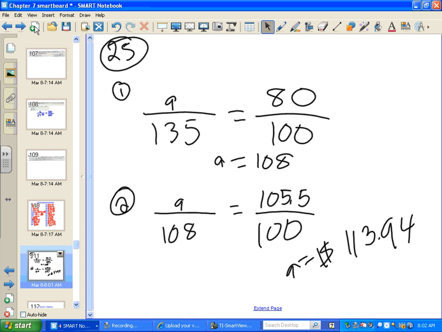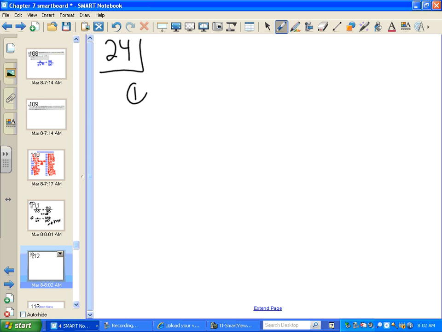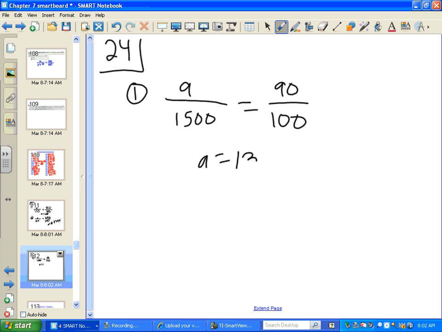Josh? 24. The proportions, Josh? Is that what you need? Okay. 24 is very similar to that one Amberly just asked about. So the first part of 24 should be A over 1,500 is equal to 90 over 100. And then you get 1,350.